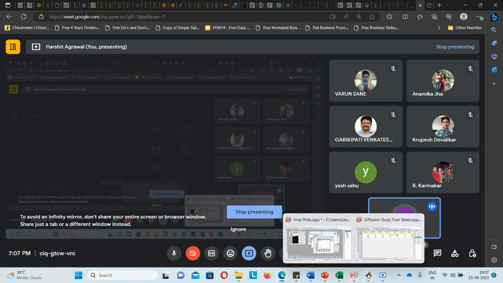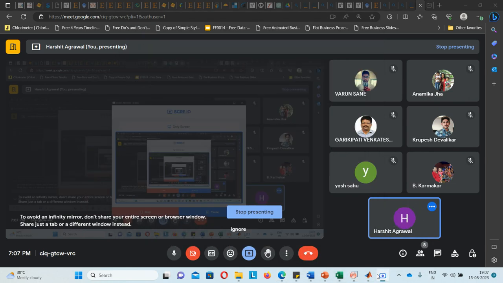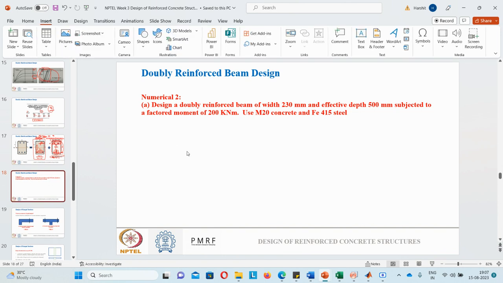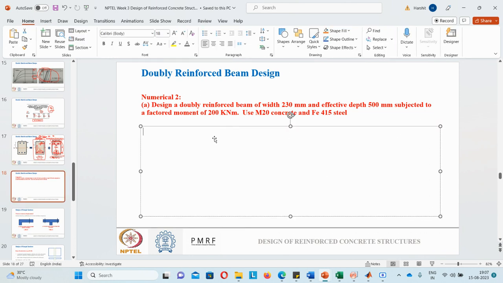Okay, so let's see the solution now. In this question, what is given to us? Width of the beam is given, that is 230 mm.